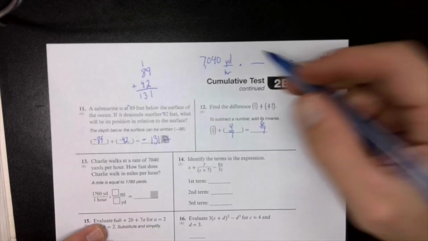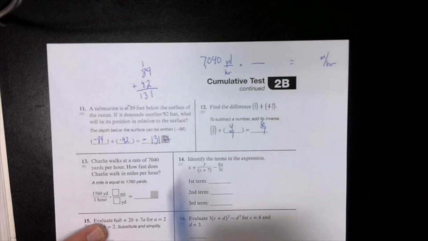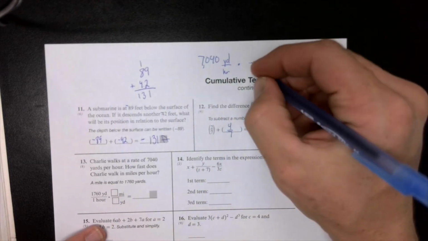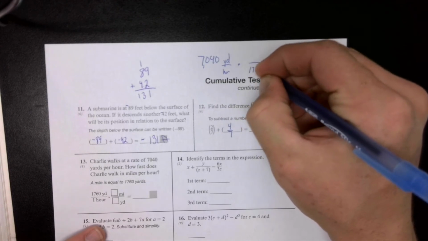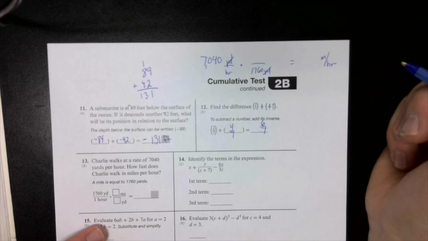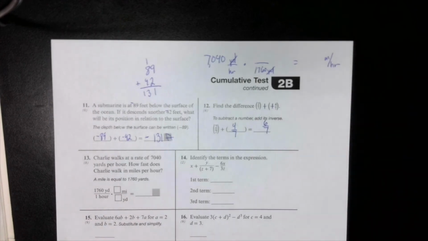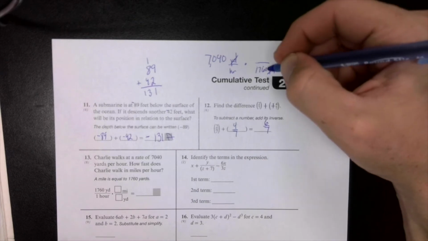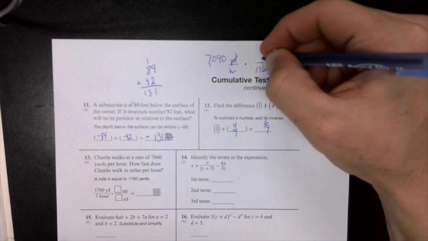Okay? So I need to get rid of yards. That means in the conversion, it says that 1,760 yards is equal to a mile. So if I put 1,760 yards in the denominator here, those yards are going to cancel when we actually have to do this division. Now, in the numerator then, you would have 1 mile.